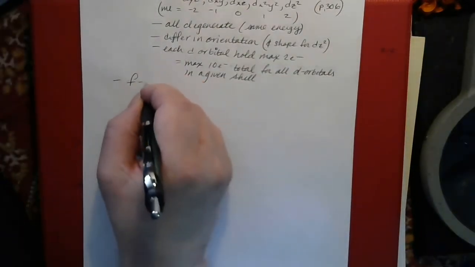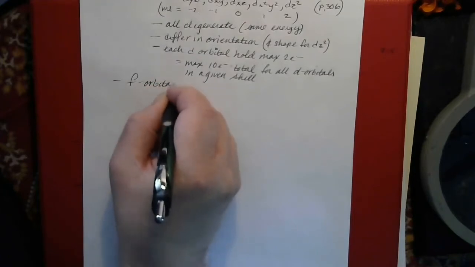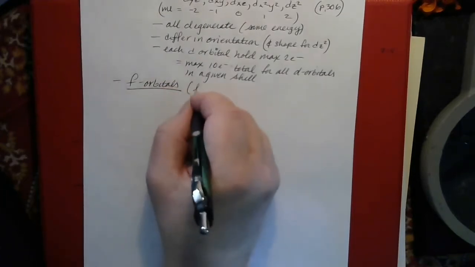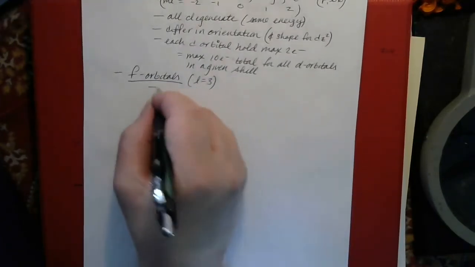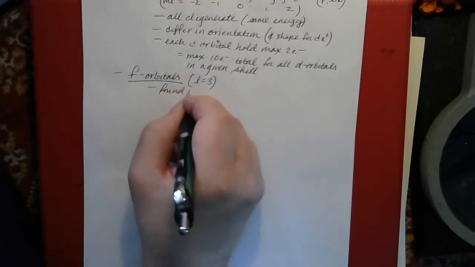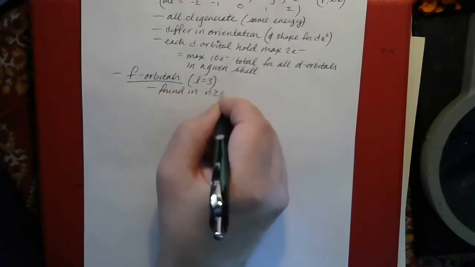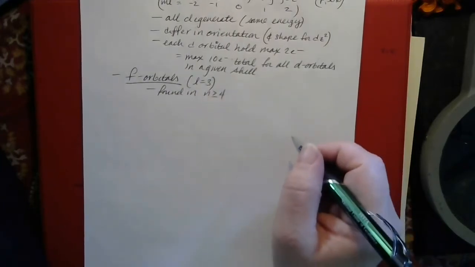And moving on to the f orbitals. That's L equals 3. They are found from n equals 4 on up.